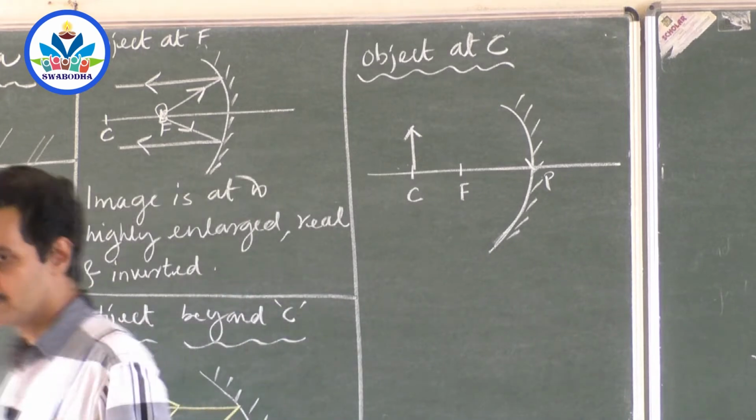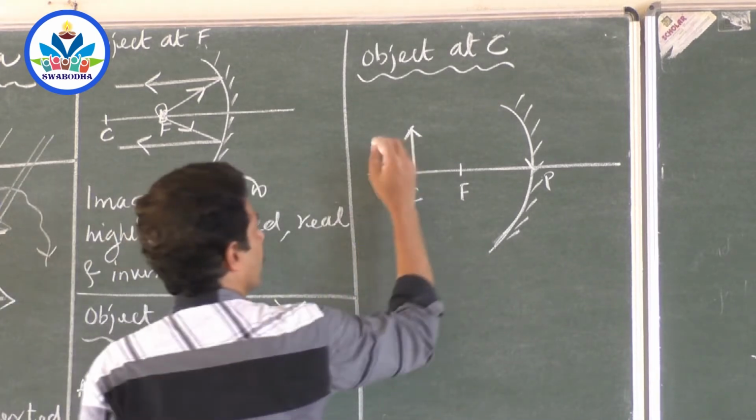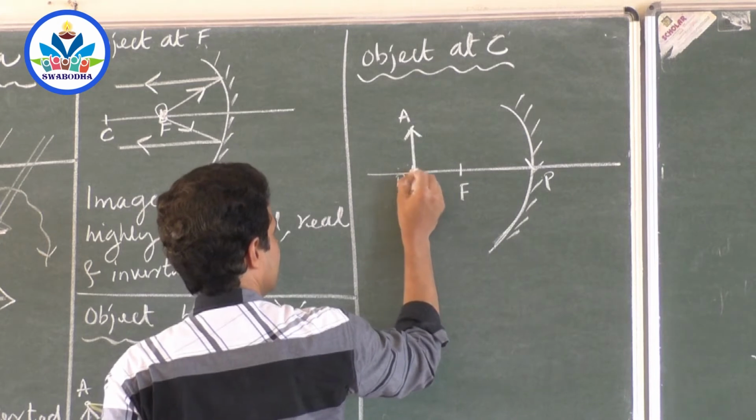So AB is an object kept at C, at the center itself.